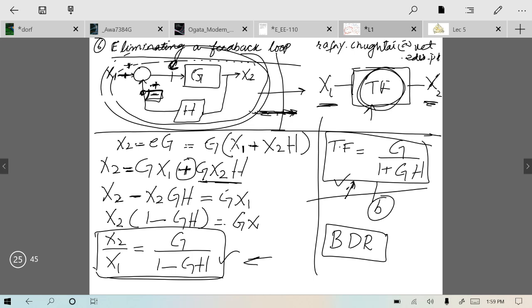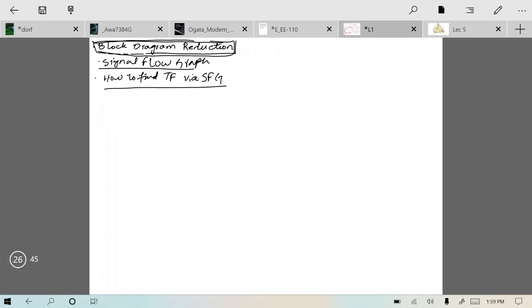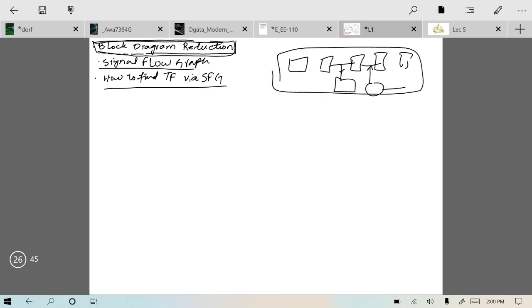I told you that whatever complex block diagram you have, for example in a plant you have multiple blocks, multiple systems, some signal is going there, another signal is coming from somewhere. There is a complex process in which every system is performing individually and in the end all systems combine to give you an overall output.